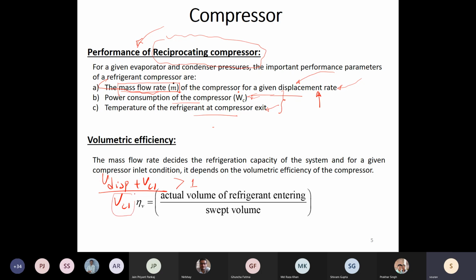Clearance volumes are typically very small. This is the total volume. Or is it the reverse? Inverse of this. Okay, the inverse of this will give me something called the clearance ratio, no? This is something called the clearance ratio.